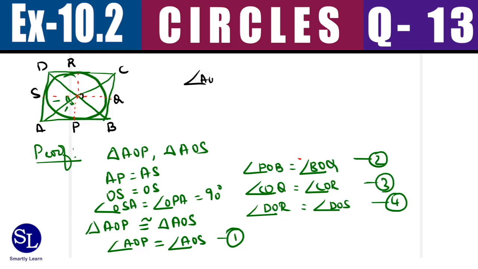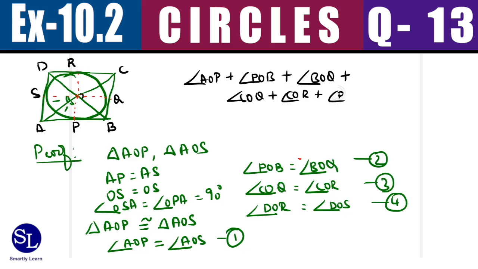Angle AOP plus angle POB plus angle BOQ plus angle COQ plus angle COR plus angle ROD plus angle DOS plus angle AOS will be equal to 360 degrees. Why? Because I'm adding all these angles, and they are around a point.